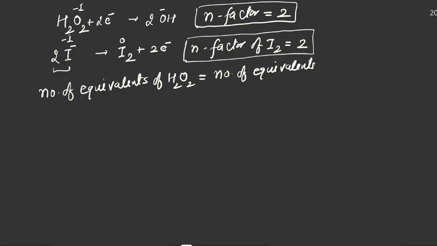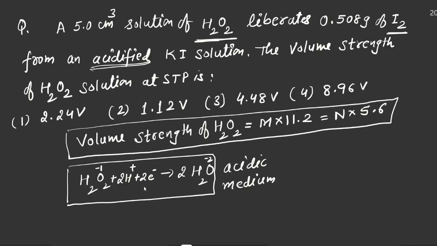That's our aim. If you balance the equation in acidic medium by mistake and medium is basic, its n factor does not change. Keep in mind, that remains same. In acidic medium we get 2 electrons, N factor 2.